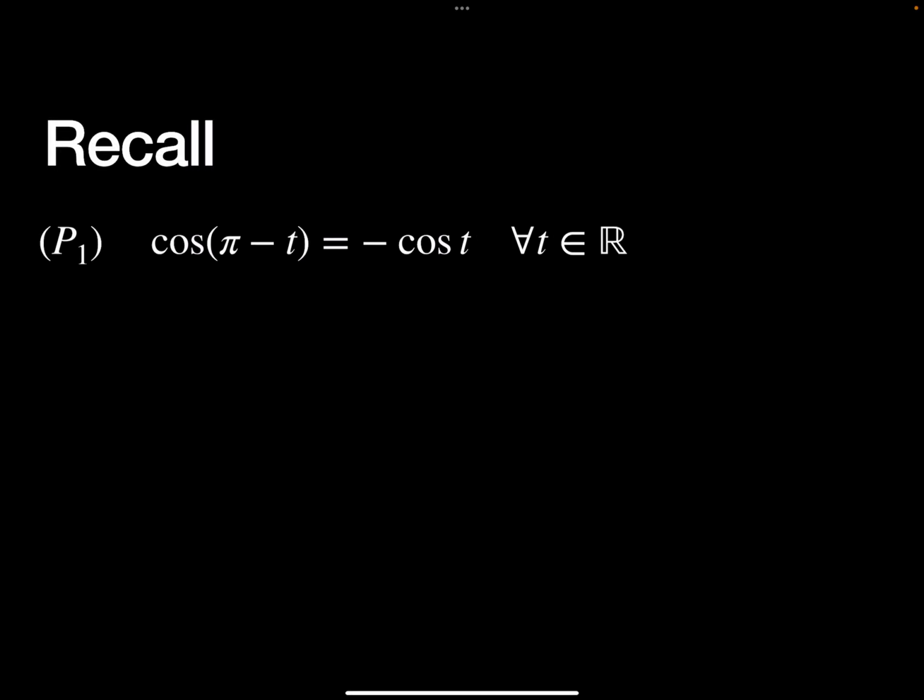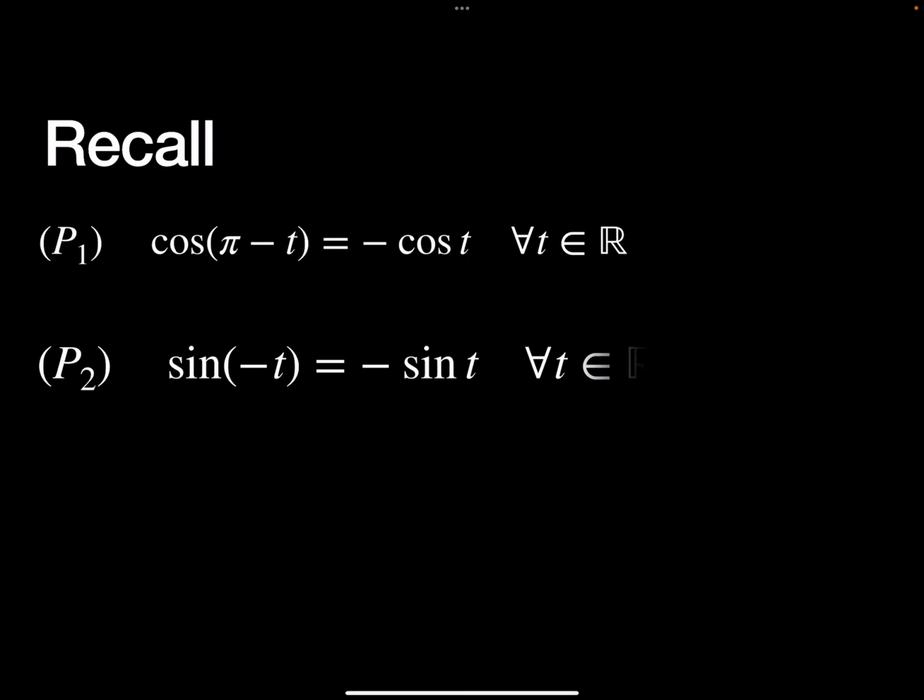Now, I'm going to recall some properties of the cosine and the sine function. The first property is that the cosine of pi minus t is equal to negative cosine of t for all t in the set of reals. And this simply means that whenever we have two angles that add up to pi, their cosines are going to be opposite.